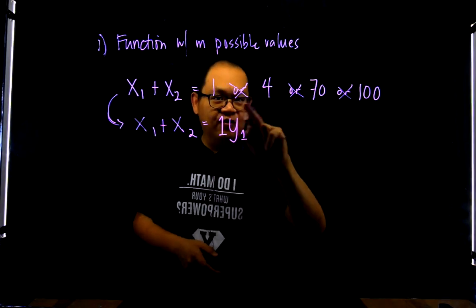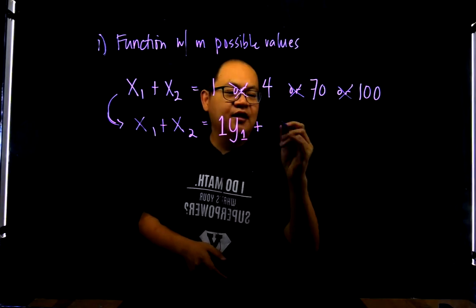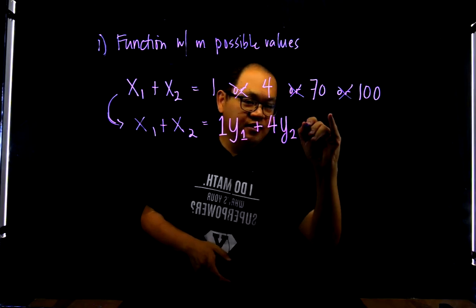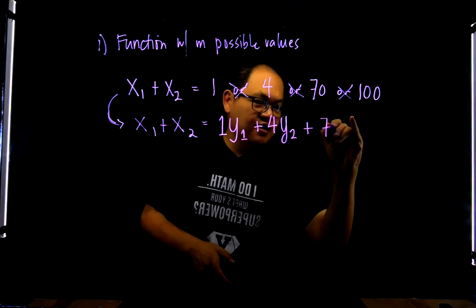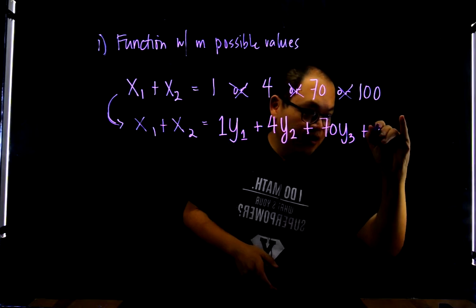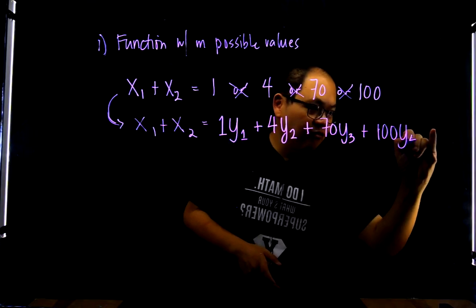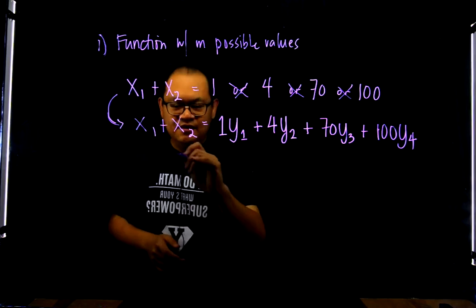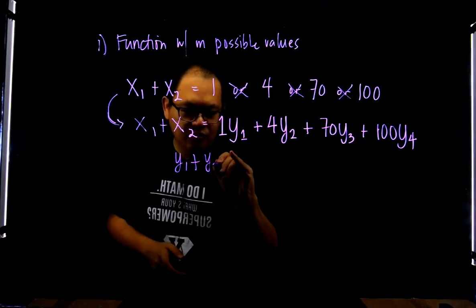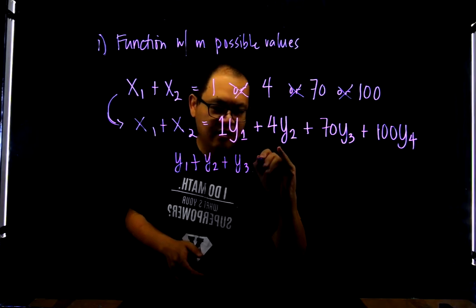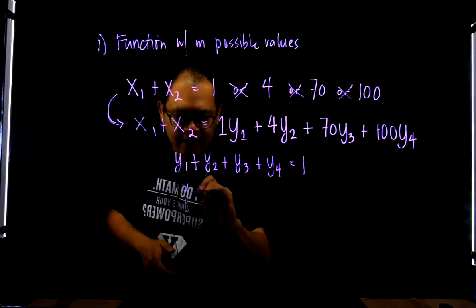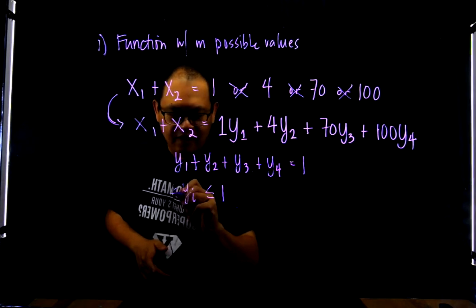And then instead of having or, I will be adding 4 y2, again or, plus 70 y3 or 100 y4. And then, as you can see, we shall put here y1 plus y2 plus y3 plus y4 should be equal to 1, and yi should be binary.